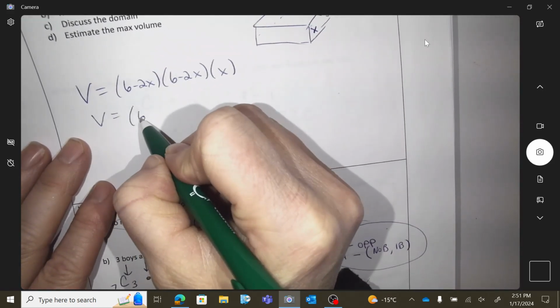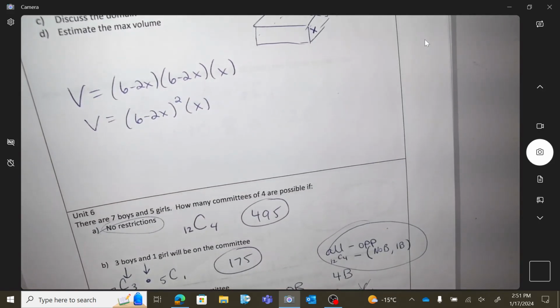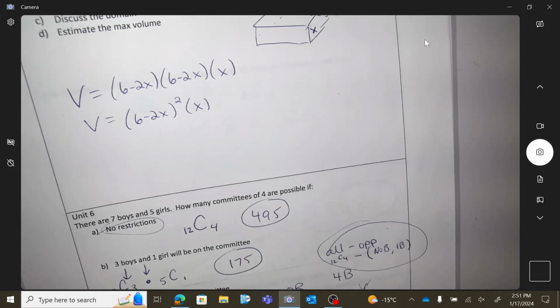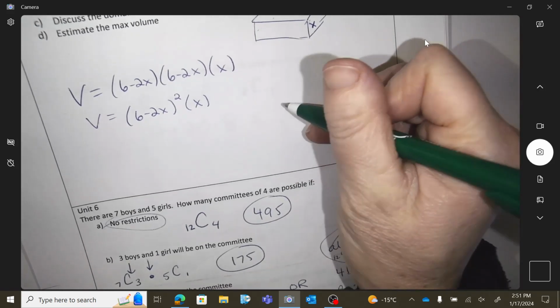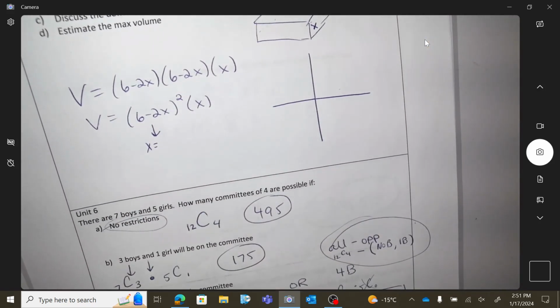You could also do this on that one. Model it with a graph. So what's the x-intercept on that bracket?